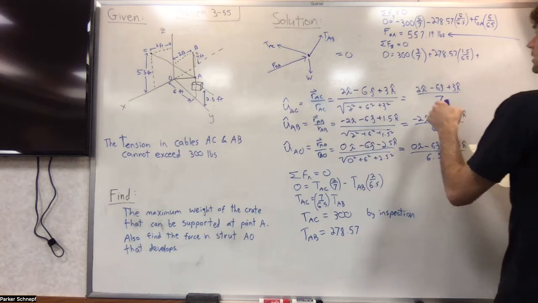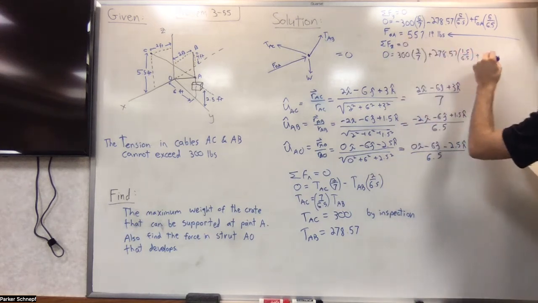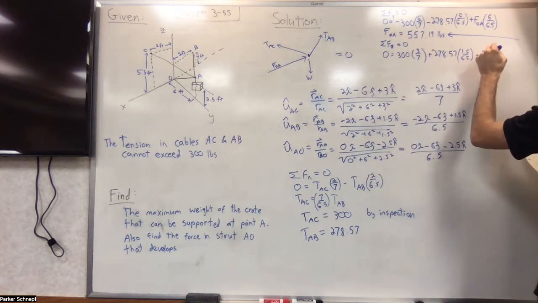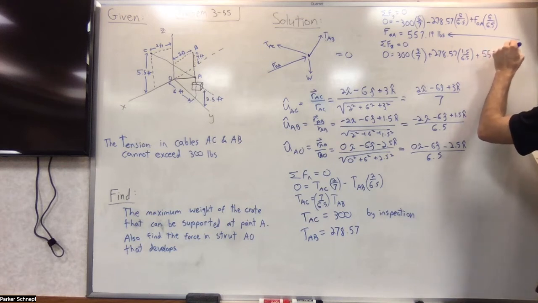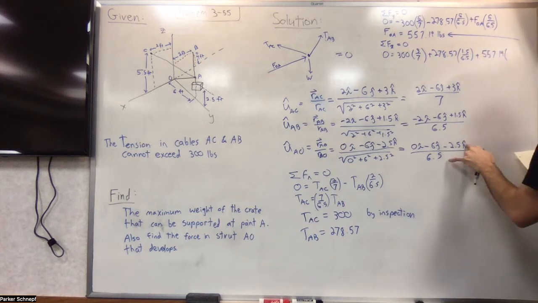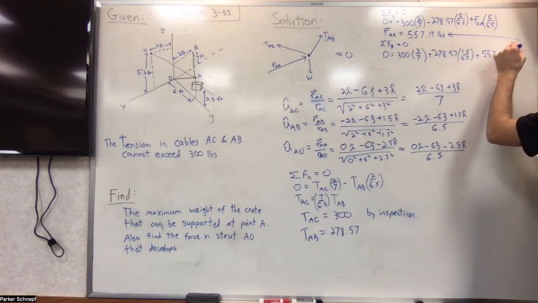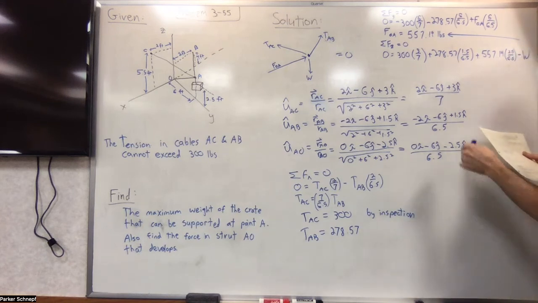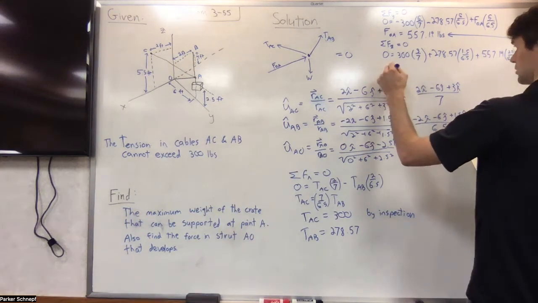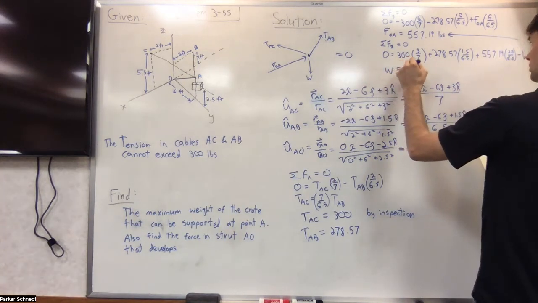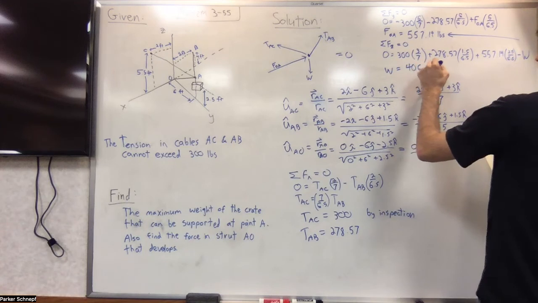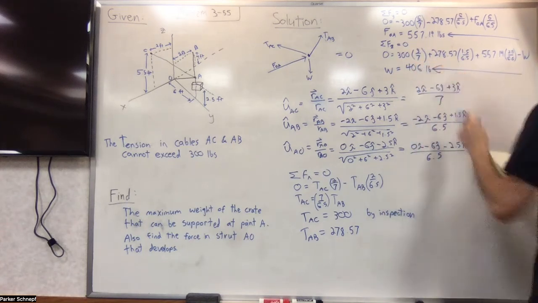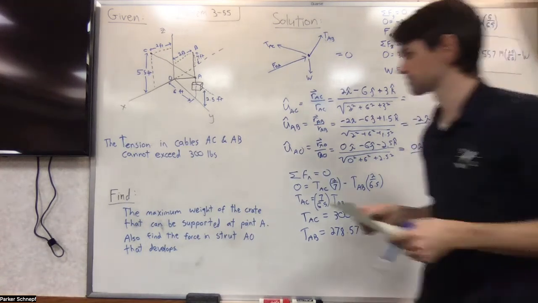And FOA, its Z component is 557.14 times 2.5 divided by 6.5. And finally, all minus W. So we can do all that math, and what we end up with is W equals 406. So those are my answers.